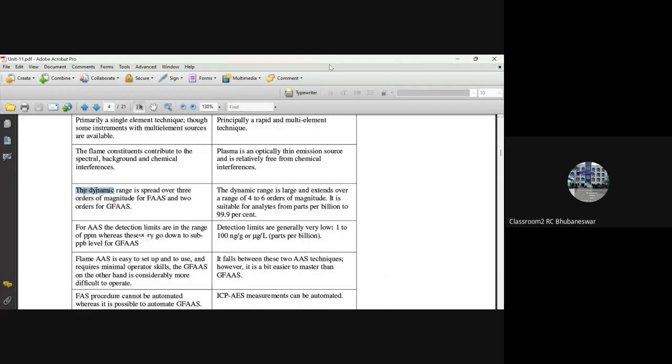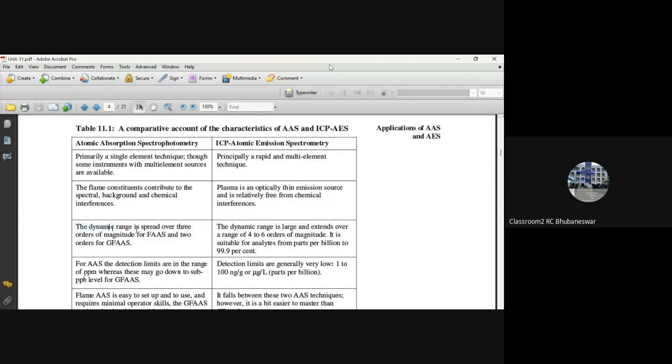So the dynamic range for AAS is spread over three orders of magnitude for FAAS and two orders for GFAAS. And here the dynamic range is large and extends over a range of 4 to 6 orders of magnitude.